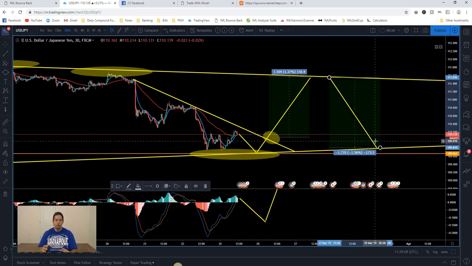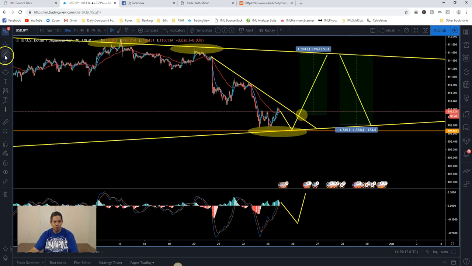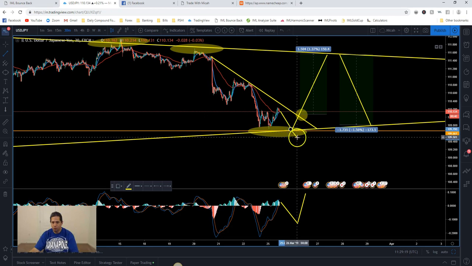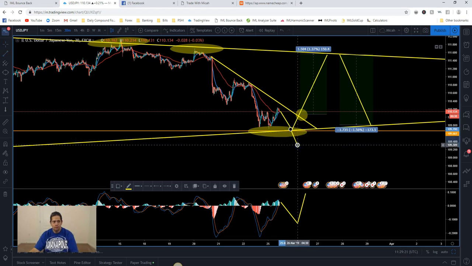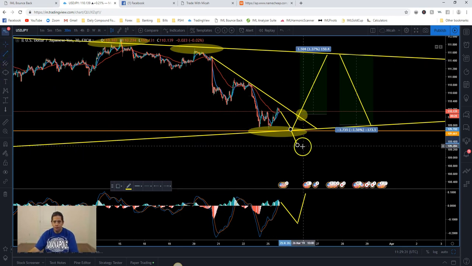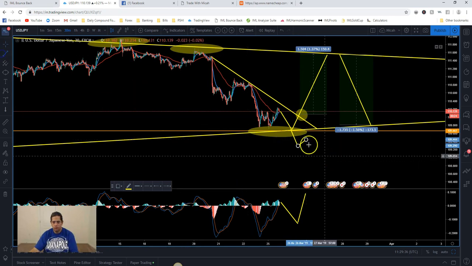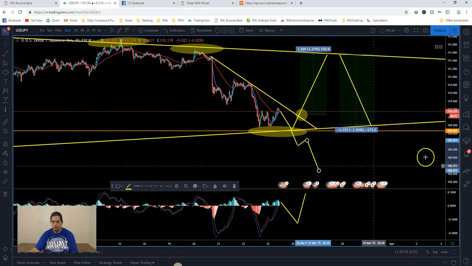Now, one cool thing on why you want to learn market structure, because you can go multiple ways, right? If price does break and come through, right, one thing that we teach, right, flags, because the market moves in 3 ways, right? Impulse, flag, continuation. So if it breaks here, all I'm doing is waiting for a flag and then sell, right?